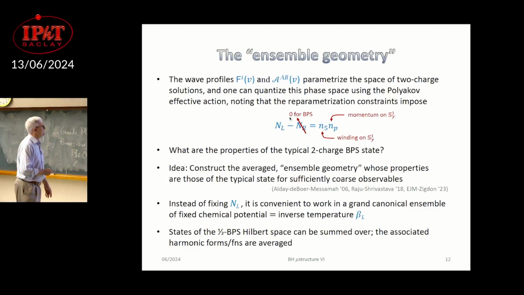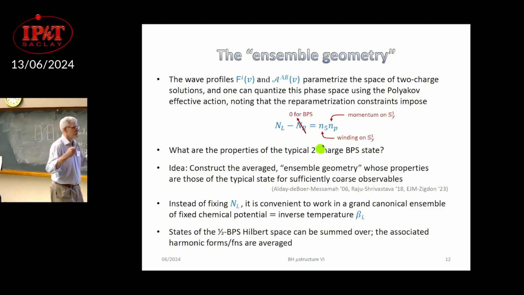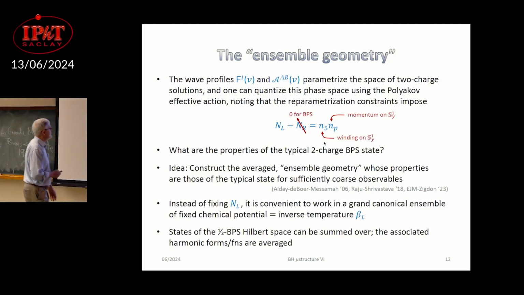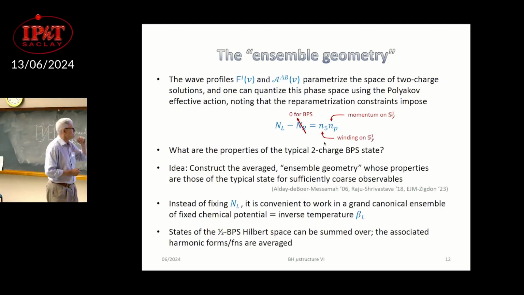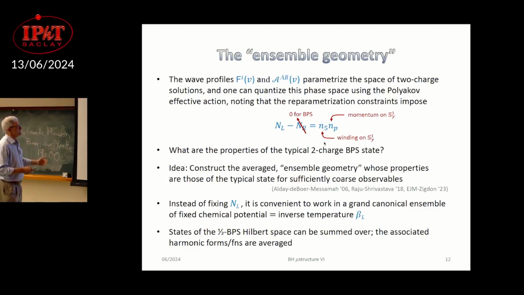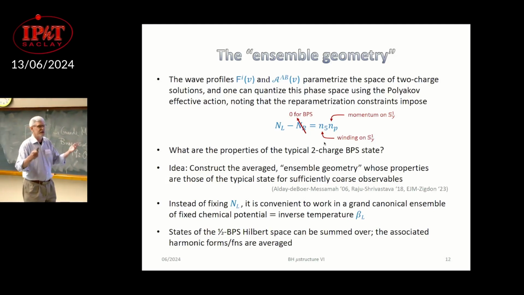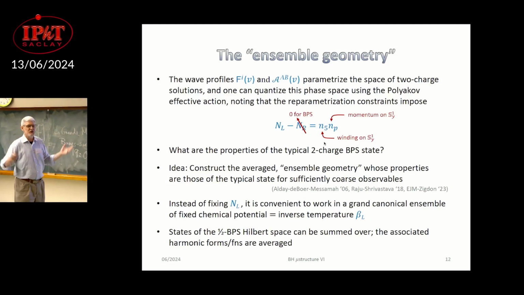And so one question you might want to know is, what does the typical such 2 charged state look like in space-time? And so for that question, what I'd like to do is to construct the ensemble average. So, if this were a black hole, we would say, okay, let's look at the typical, what is the Schwarzschild geometry?